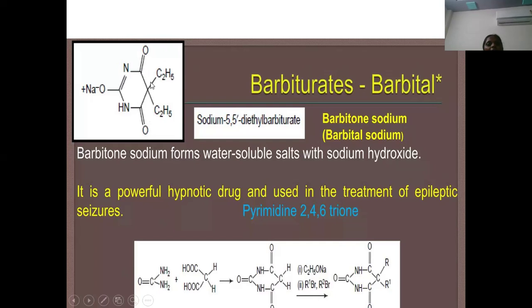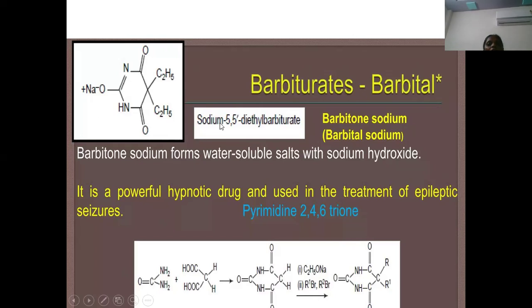At the 5th position, a diethyl group is present, along with Na plus. That's why this is the structure of barbital sodium. It is available in salt form, so both positive and negative charges are present in the structure. All of you understand this?